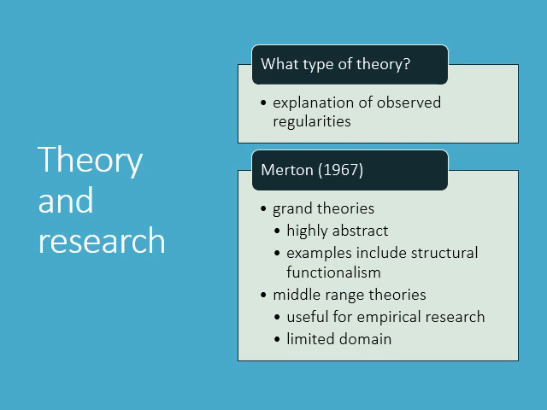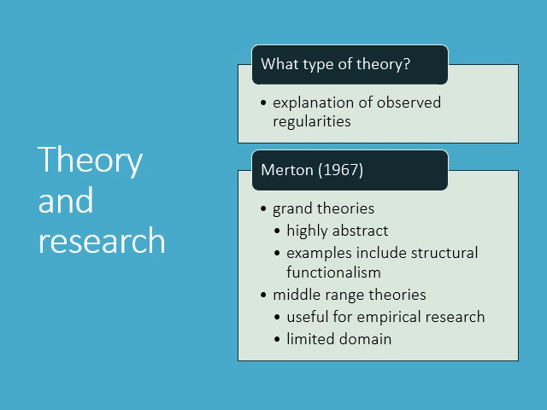Cloward and Ohlin in the 1960s, differential association theory is an example of a middle range theory formulated specifically in connection with juvenile delinquency. Another example is Cohen's 2010 Postal Questionnaire Survey, which explored the relationship between hairstylists and their clients.